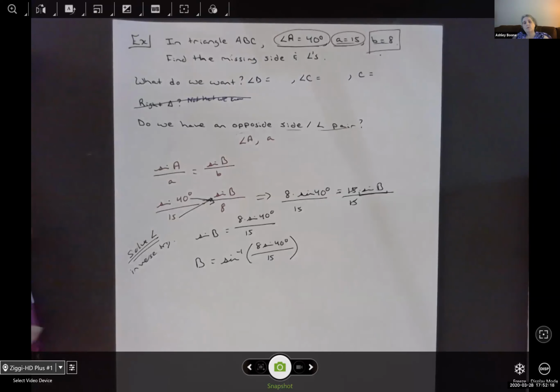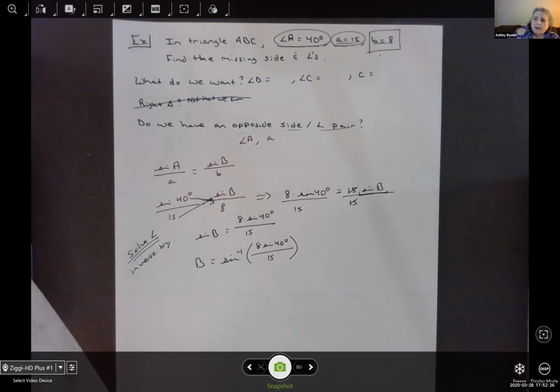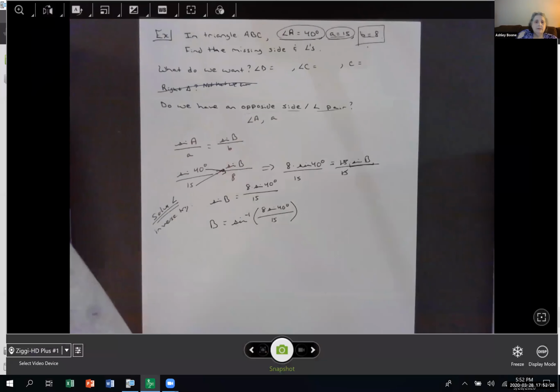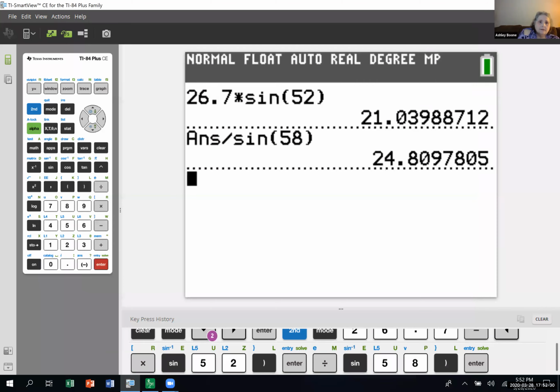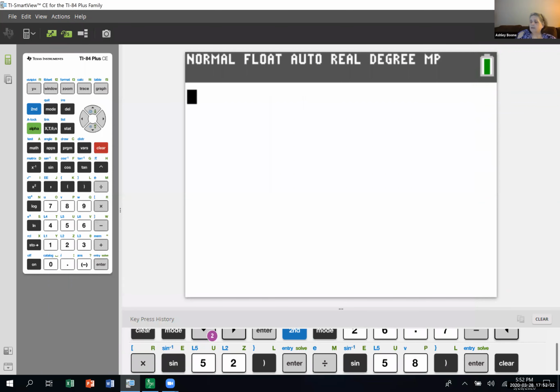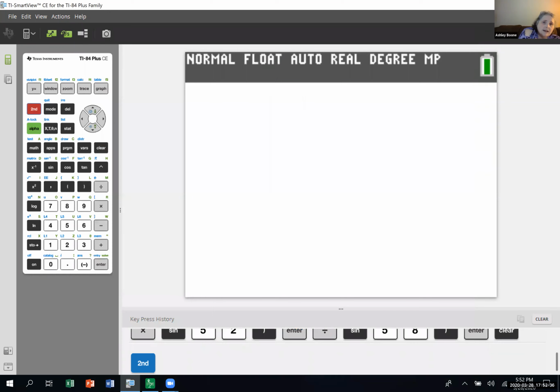So again, we want to go through and do this. I like to be as exact as possible, so I'm going to show you 2 things you can do on the calculator for this one. I can type it all in at once. I can go inverse sine, and I could type in the whole fraction. I could put a fraction mode in there.